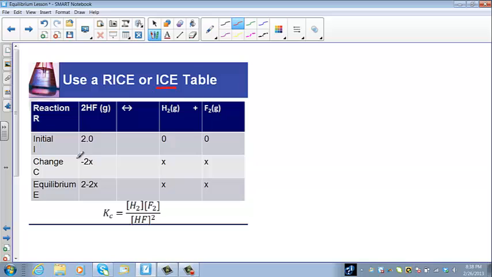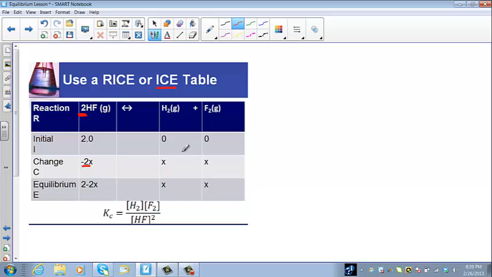Now, this 2 is here because of the coefficient. So as the reaction proceeds, some amount, x, is going to be used up. But HF is used up at twice the rate at which H2 and F2 are formed. So it becomes minus 2x.